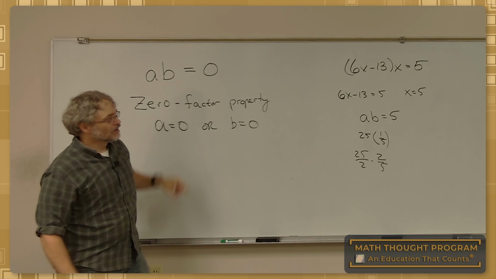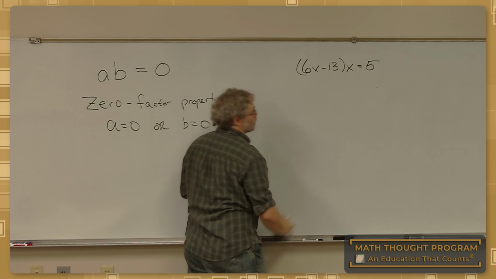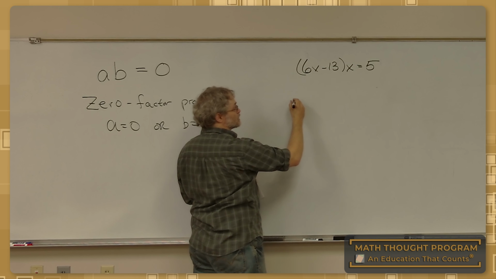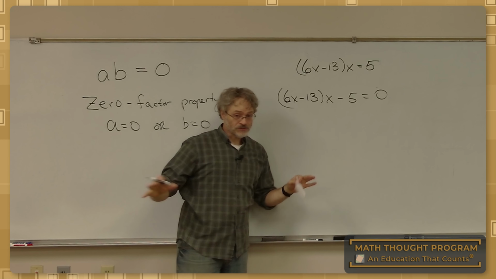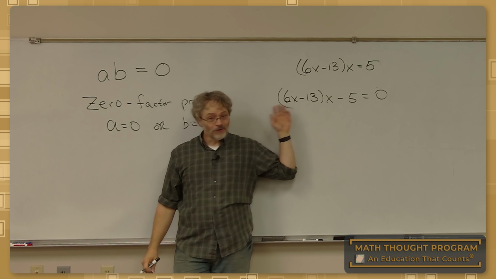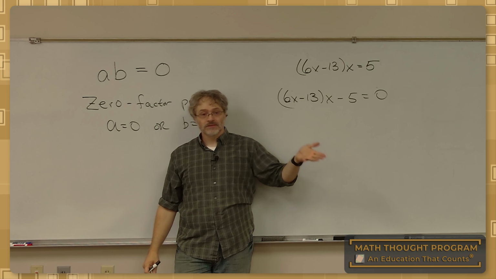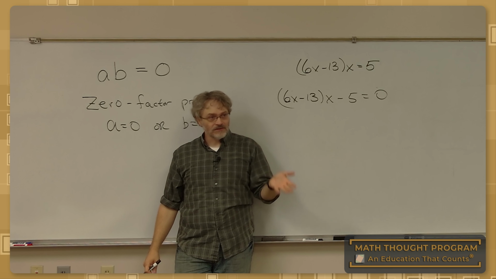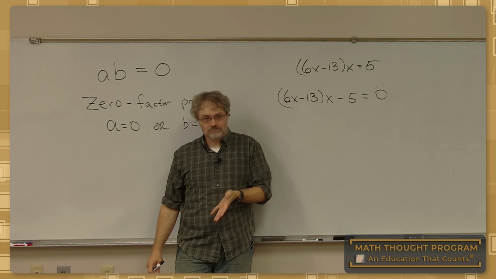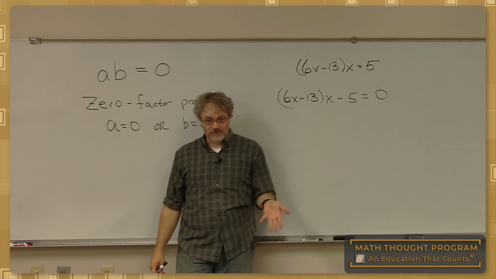All right, so here's how I approach this problem. I can take the 5 and I can just throw it to the other side. Okay, so you got your 0. The problem now is you no longer have any factors. If I do not have any factors, would it be prudent then to start generating some new factors?